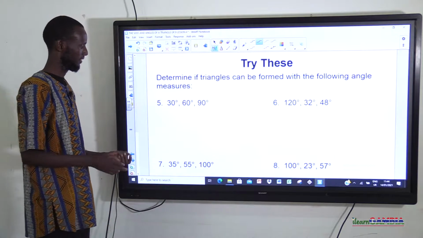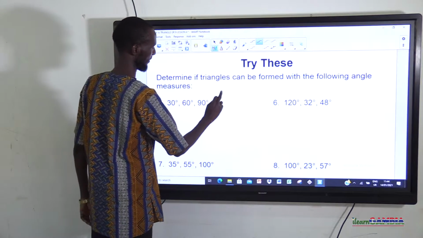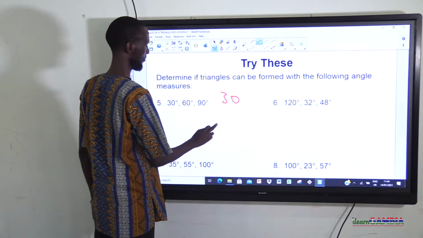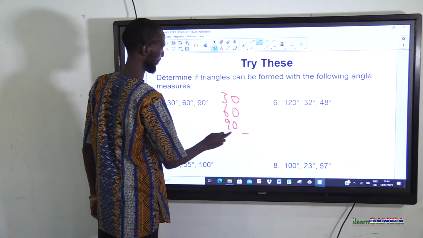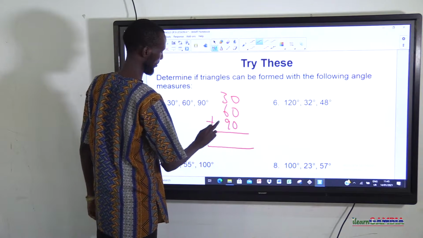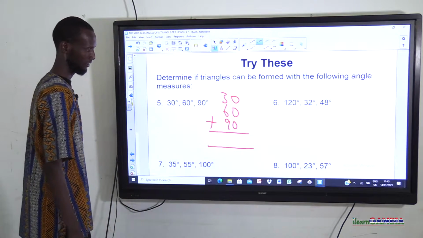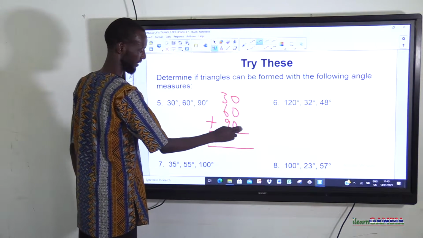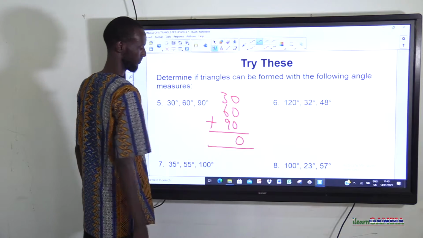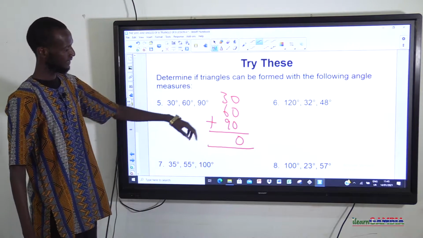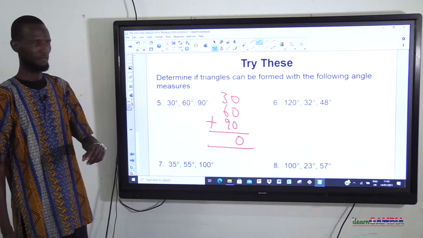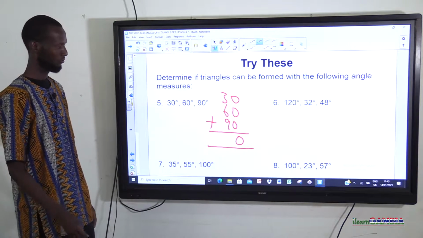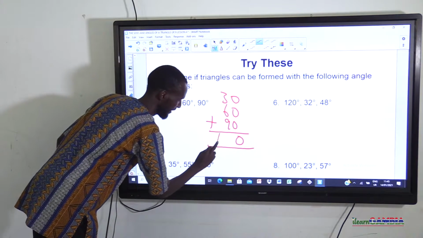So let's see this. We have 30 degrees here. We want to add that to 60 degrees and to 90 degrees and see what our sum is going to be. All these zeros give us 0. Now 9 plus 6 gives us 15, and 15 plus 3 gives us 18.